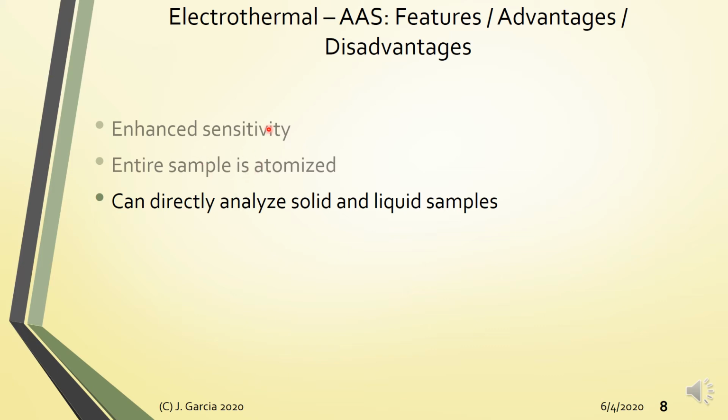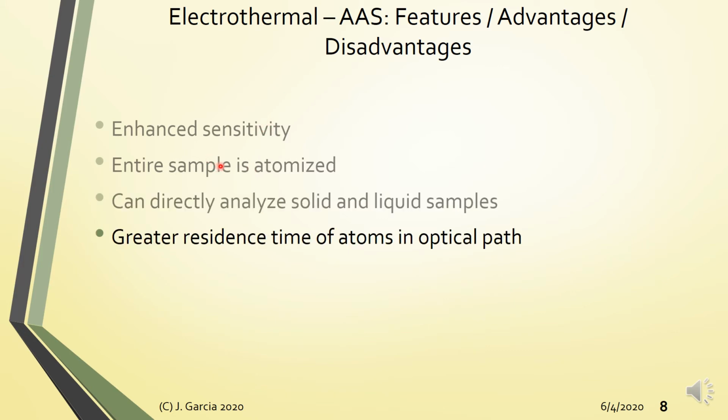Now, enhanced sensitivity, why? This is because of the greater residence time of atoms in the optical path. The graphite furnace traps the free atoms during atomization, wherein your radiation can interact with them more. The longer this interaction is, the more you are enhancing the sensitivity of the method.